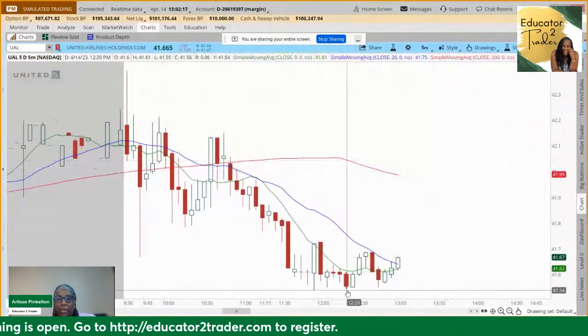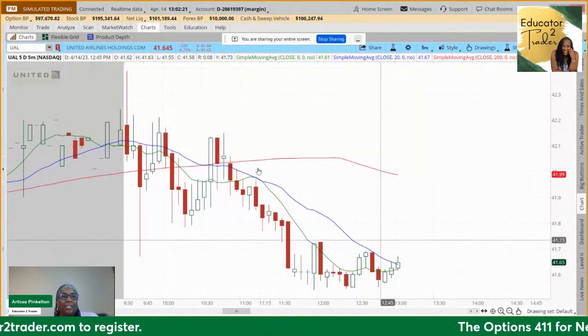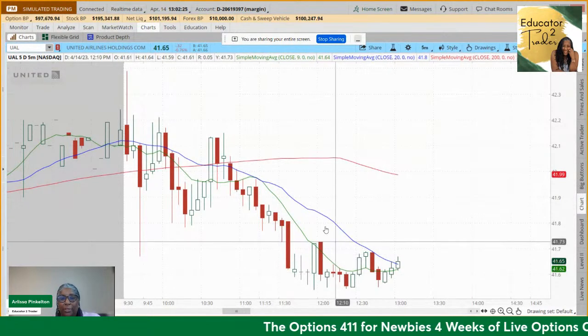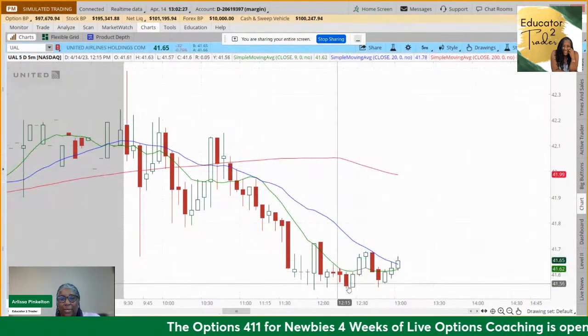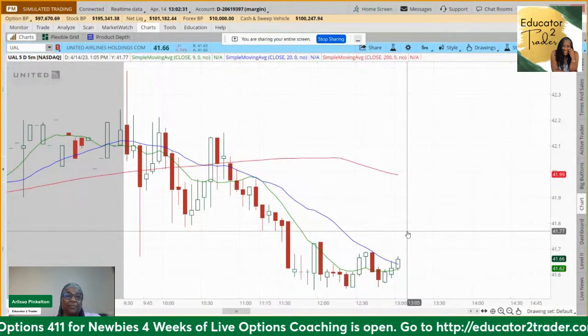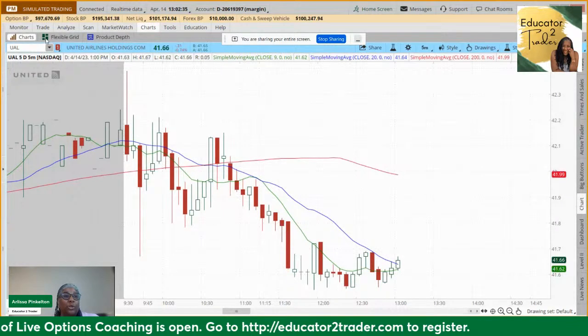Okay, so United Airlines is coming up at this point. We needed it to be above 42 today. Now the moving averages show that it's trying to come back out of the doldrums. I'm actually going to give it a little more time today because it just needs to close above 42.